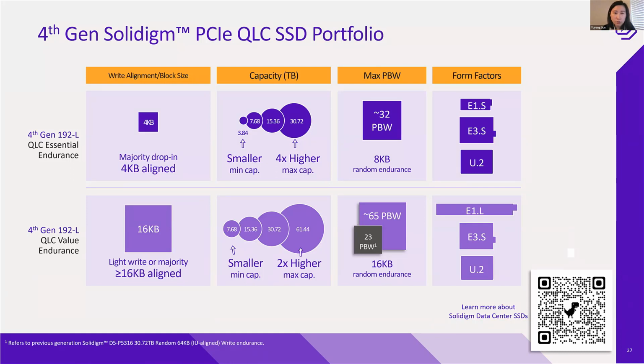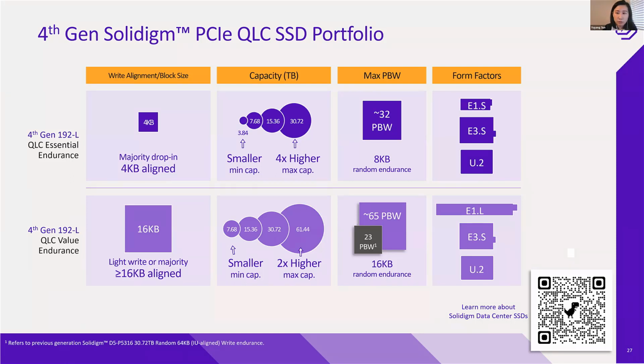And QLC SSD gives you an endurance of up to 65 PBW. That means you can write randomly to the drive over the lifetime of the SSD 65 petabytes of data. That's actually a lot of data, and that's ample endurance for a lot of use cases.